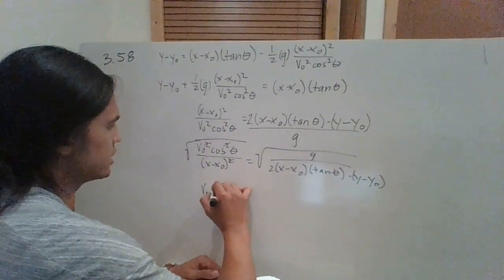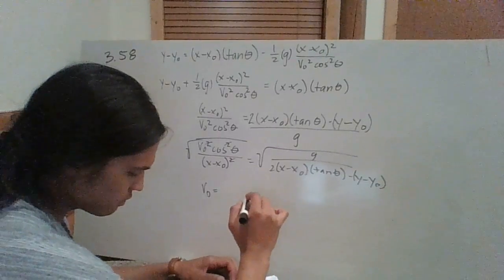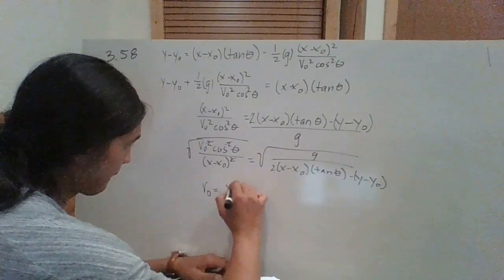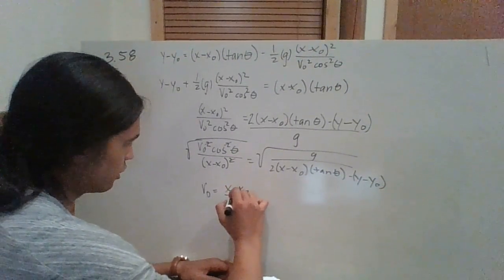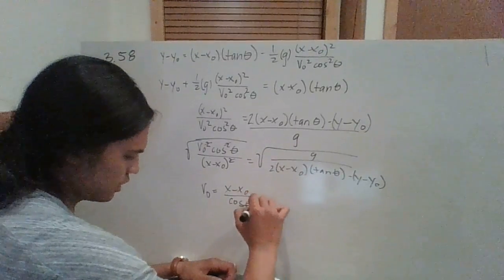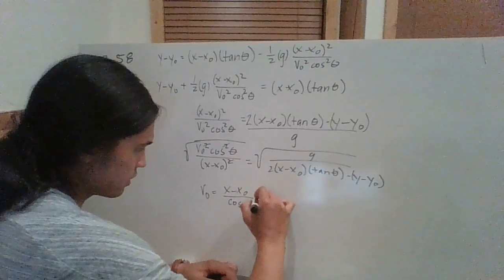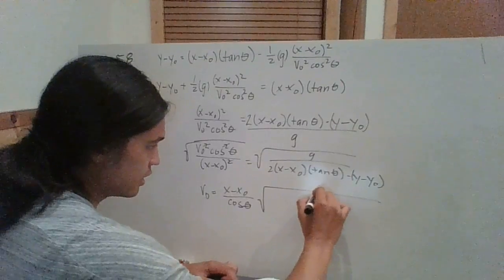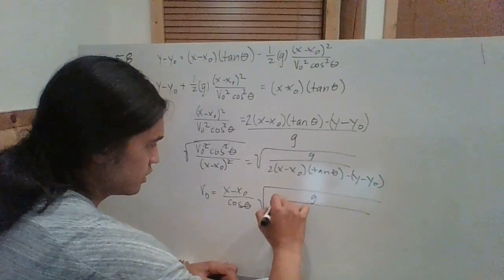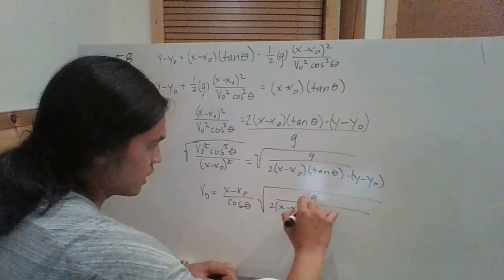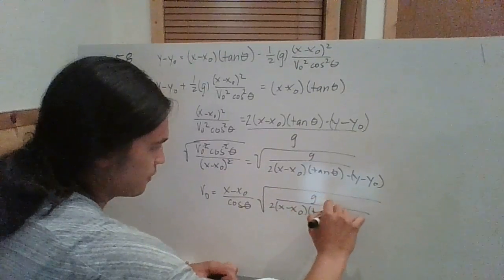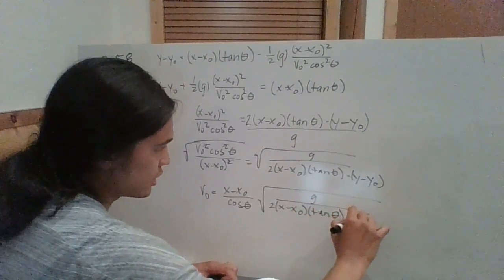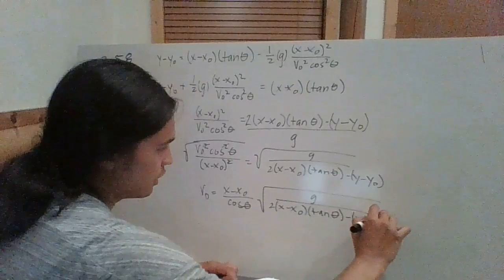Initial velocity equals x minus x naught over cosine theta times the square root of g over 2 times x minus x naught tangent theta minus y naught.